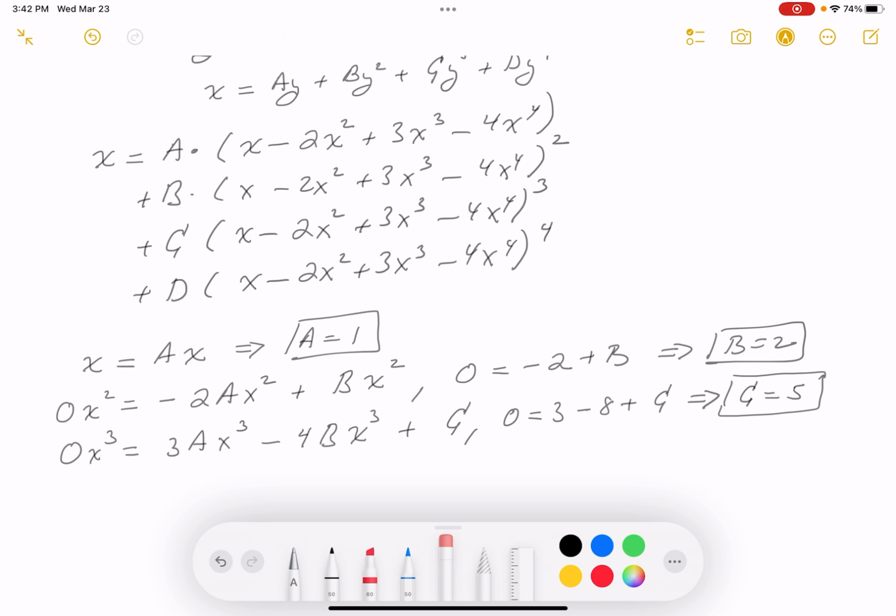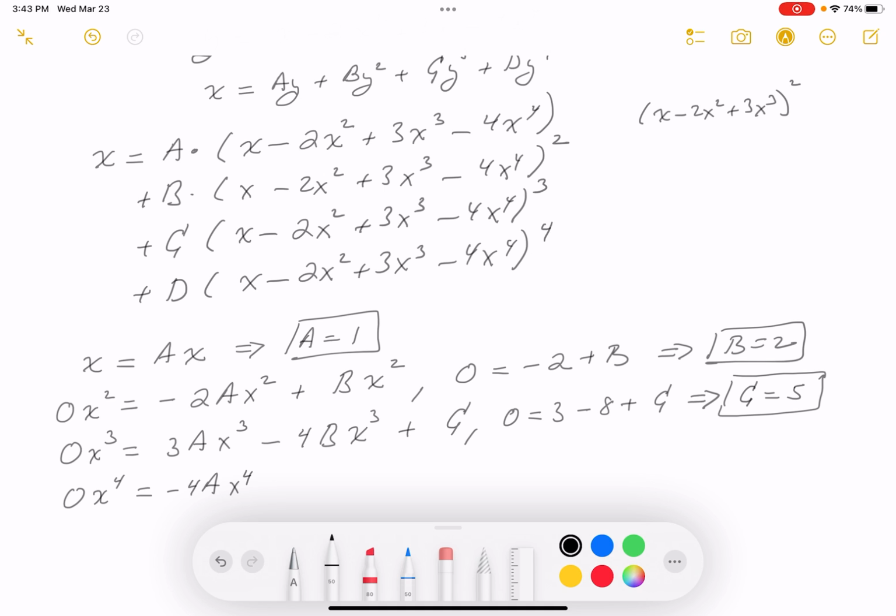There's no fourth powers on the left side. Are there any fourth powers on the right side? Well, let's take a look at it. I would see minus 4a. That's from the first row. The second row, I want to point out what I'm seeing: (x minus 2x squared plus 3x cubed) squared.